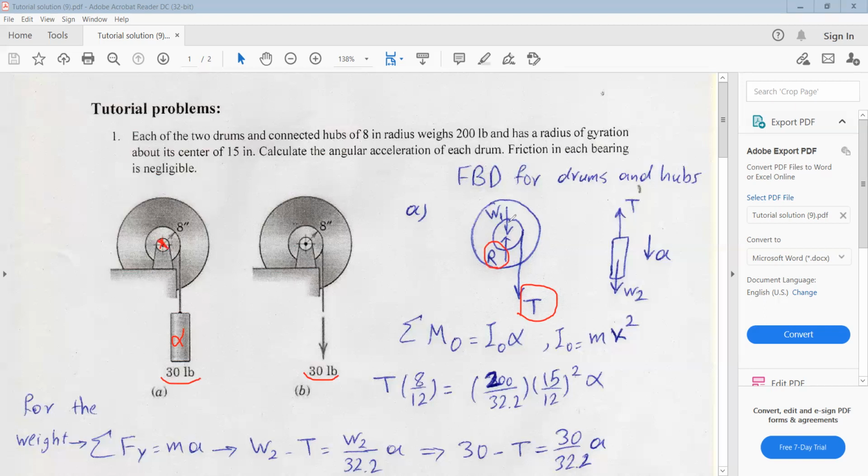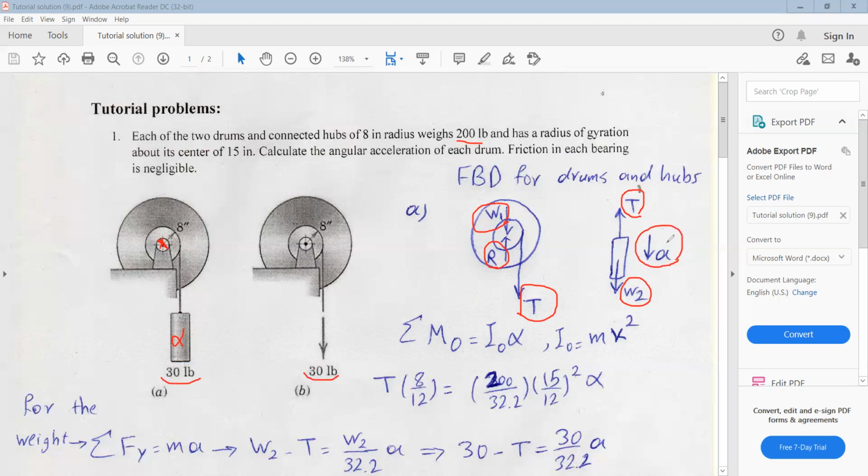And also we have the W1 or the weight of this pulley, which is 200 pounds. So if you plot the free body diagram for the 30-pound weight here, we have W2, which is the weight of this mass, which is 30 pounds. We have the tension T, and also we have the acceleration A.